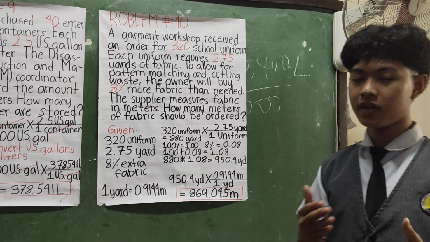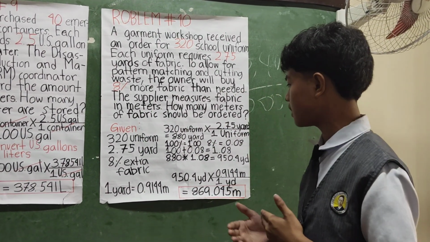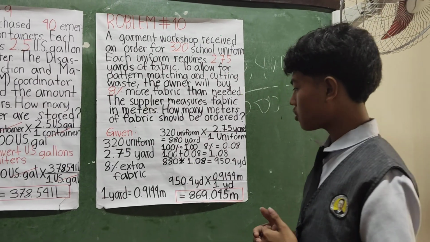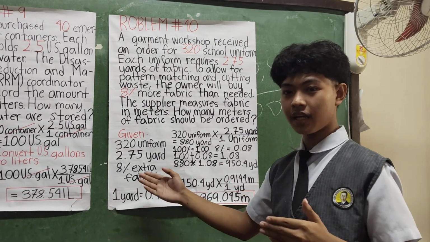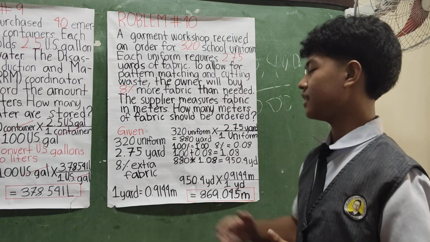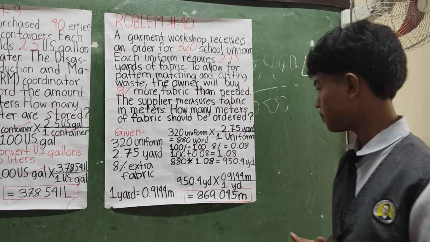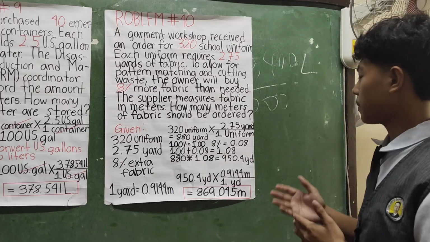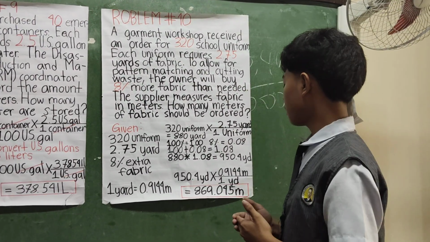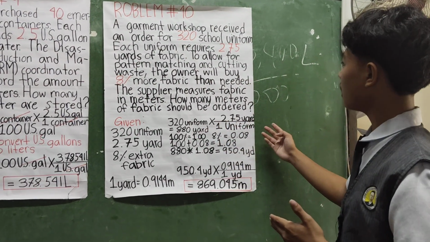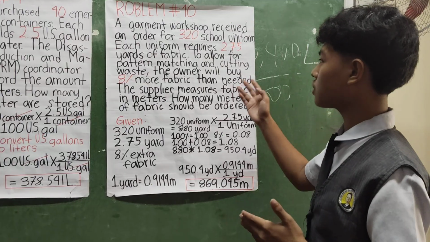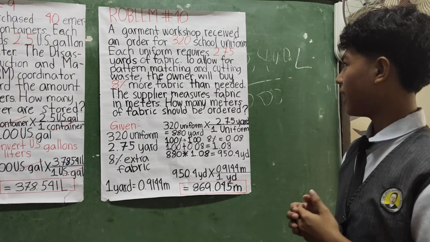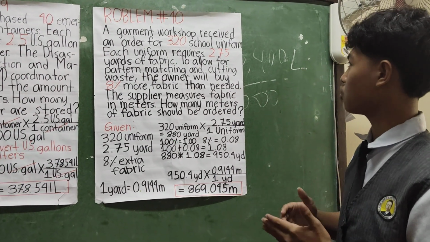So step number 1 is we need to find the total amount of fabric needed in yards. 320 times 2.75. Why do we multiply? Because 2.75 yards is required to make one uniform, and there are 320 school uniforms.